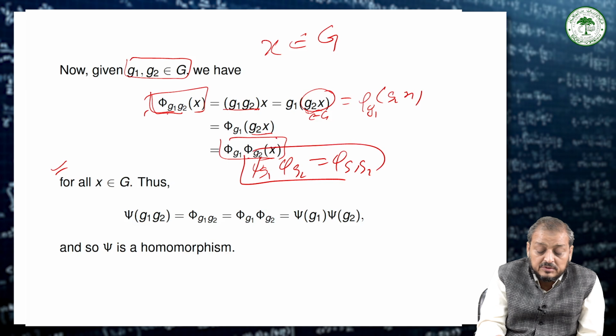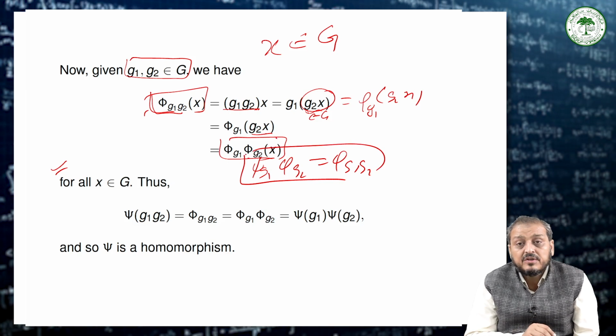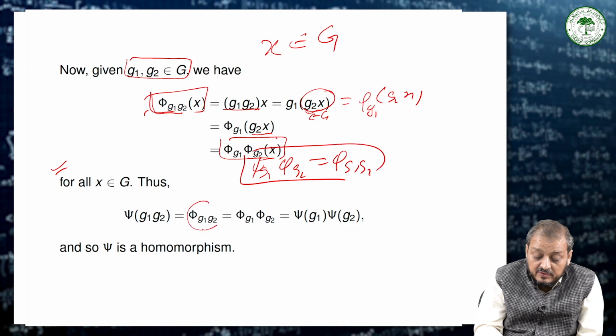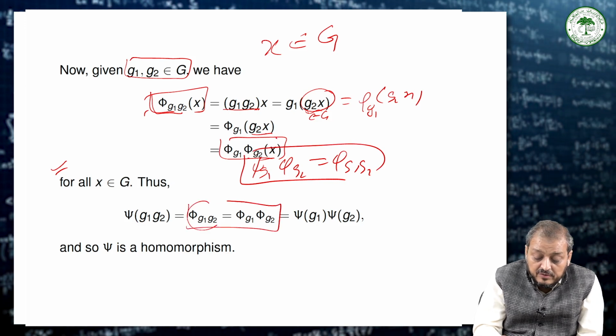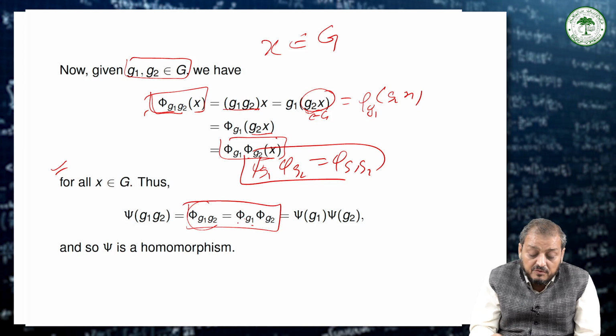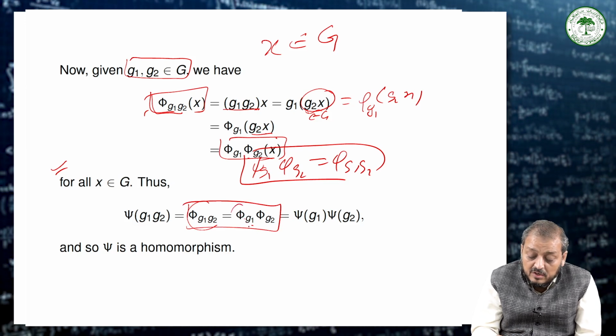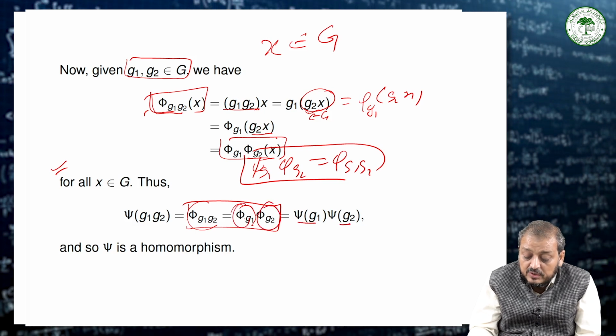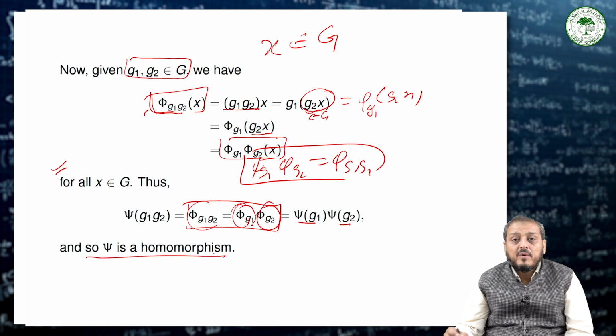By the definition of psi, this is equal to psi of g1 psi of g2. So psi is a homomorphism.